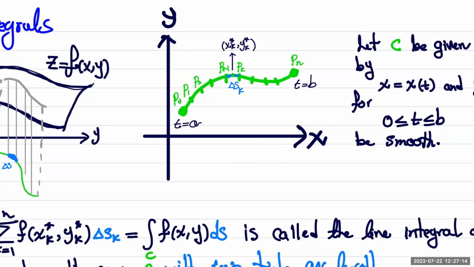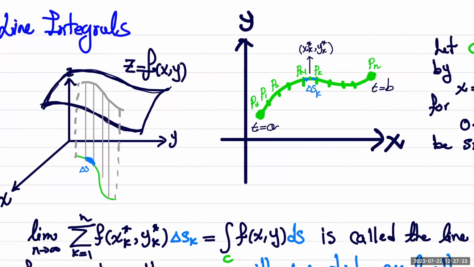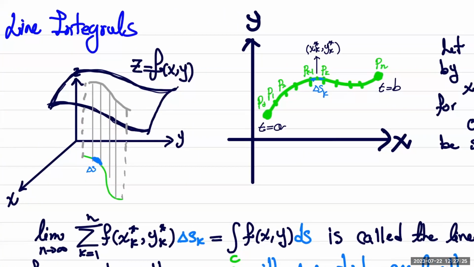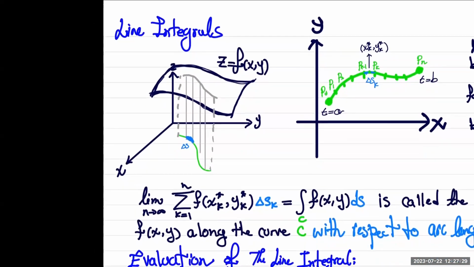So what do we do with this parametric curve? Now we have a function of x and y right here, as you can see, whose graph is a surface.